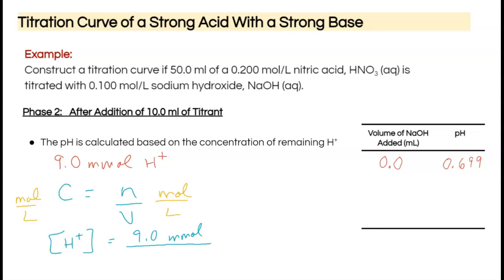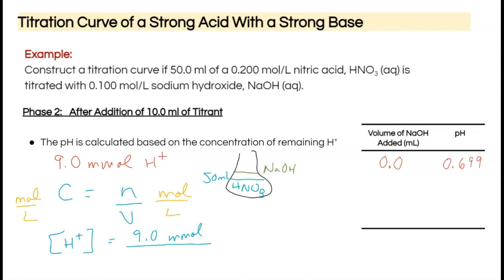Let's think back. In my Erlenmeyer, I started with 50 milliliters of my nitric acid, but then I added another 10 milliliters of sodium hydroxide.